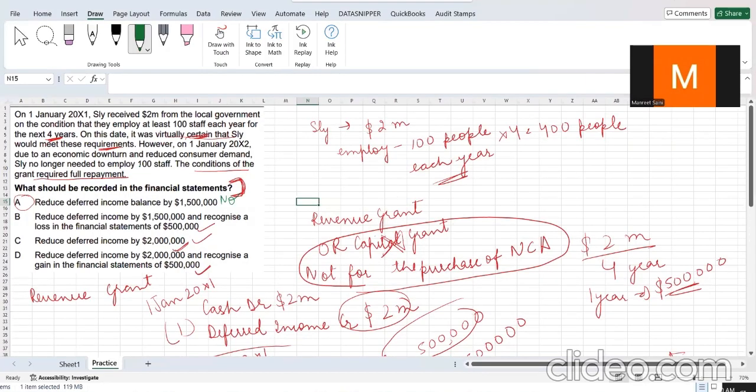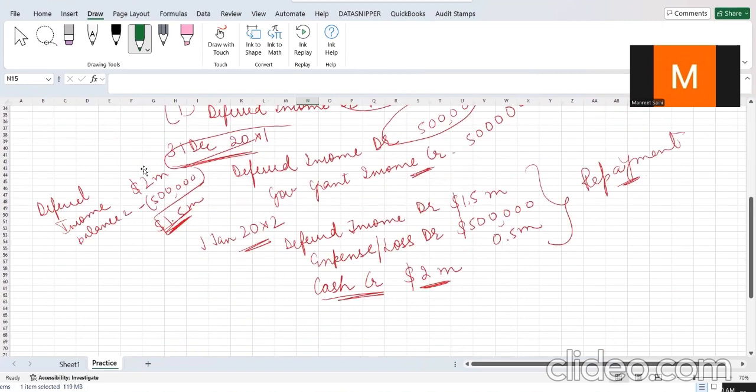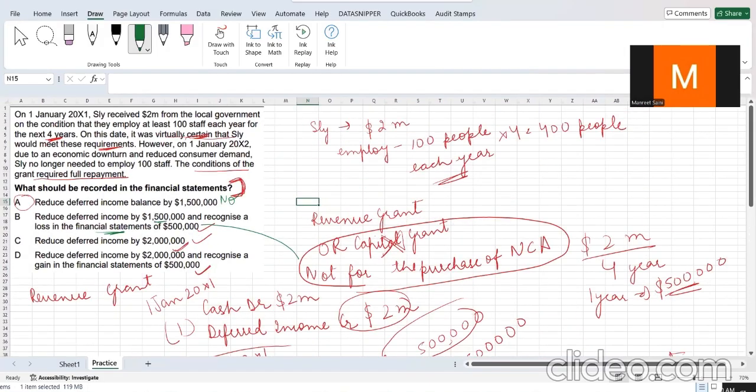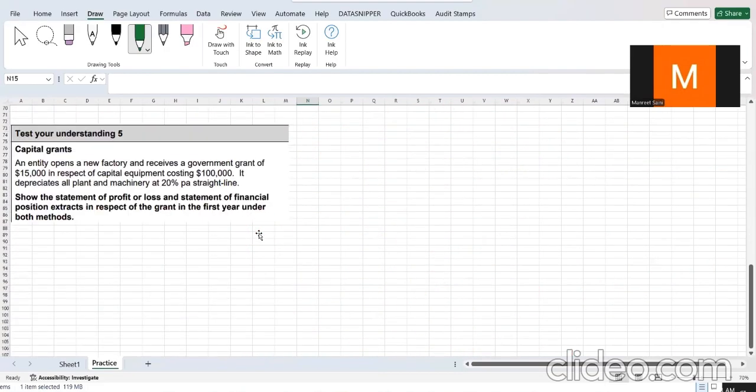Reduce the deferred income by 1.5 and recognize a loss in financial statements? Yes. If you scroll down, deferred income 1.5 million, loss 500,000. So this is the correct option. Is this correct? No. We are repaying something, so how can it be a gain? It can never be a gain. Okay, so I hope this question is clear to you.